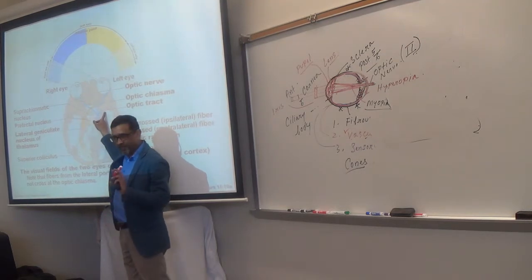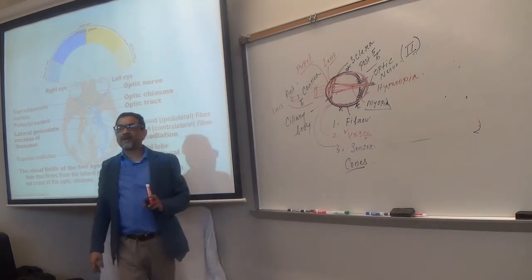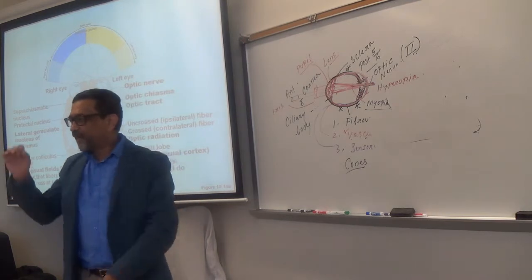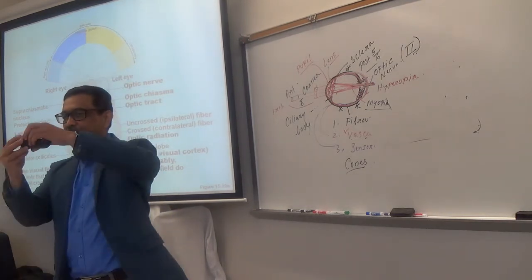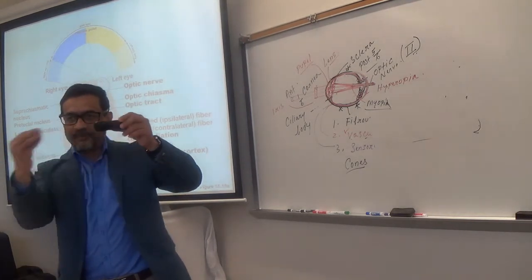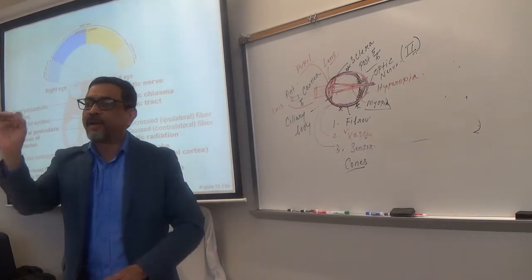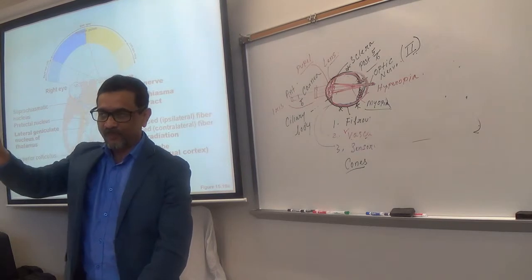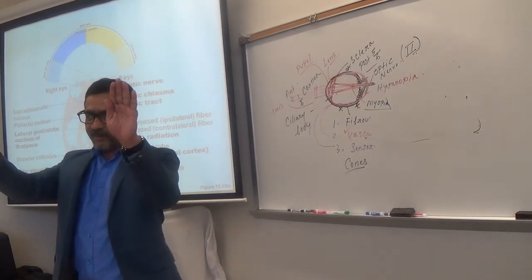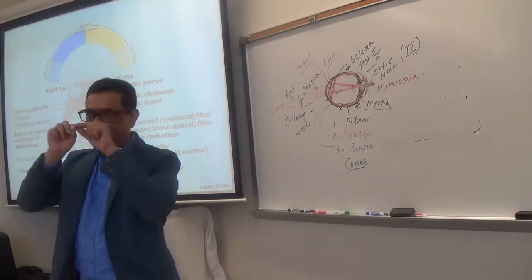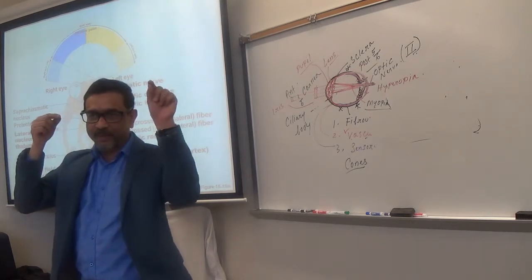tracts. Make sense? So now if I ask you, this is the eyeball, the optic nerve comes out from the eyeball, right? So the optic nerve has the fibers from one eye. Make sense? 2 optic nerves, one from this side, another from this side, right?